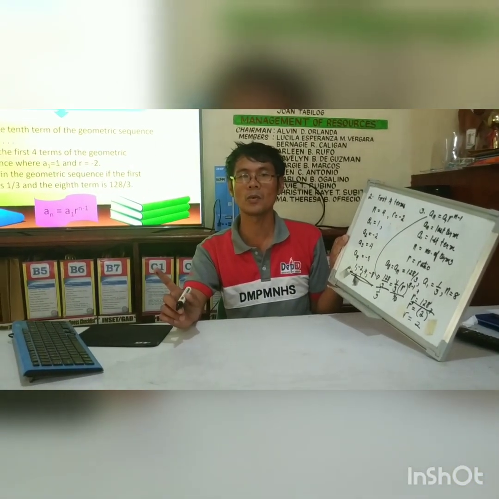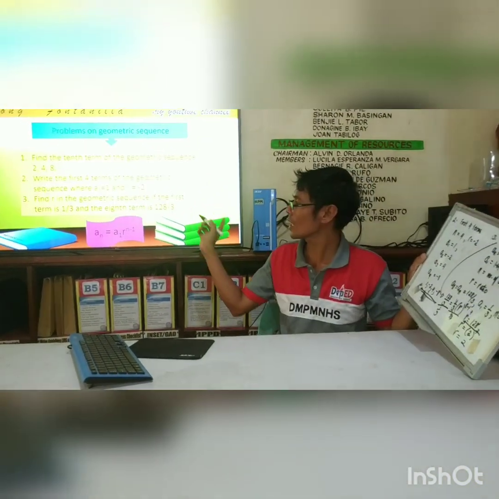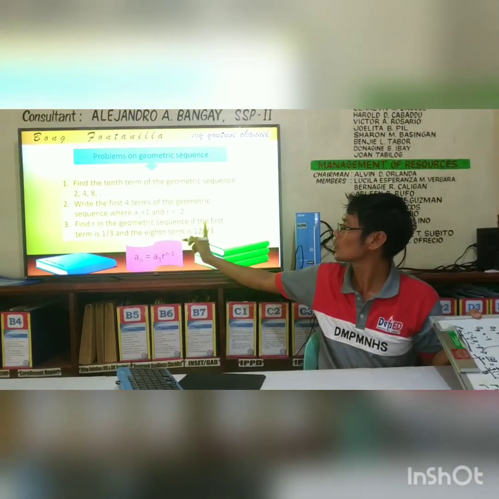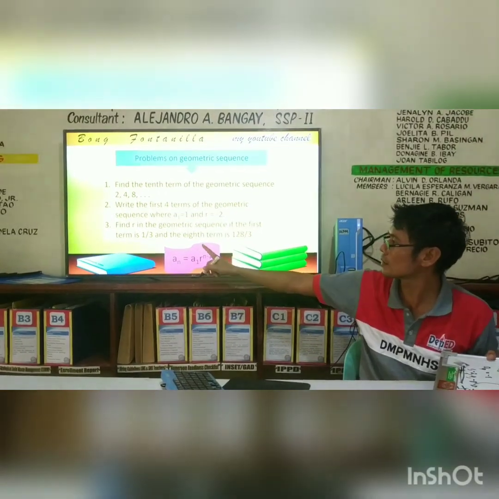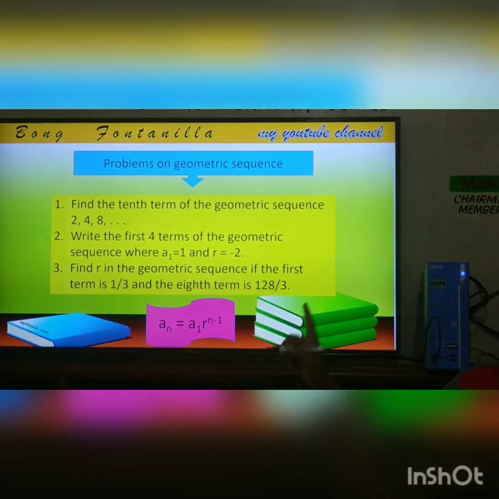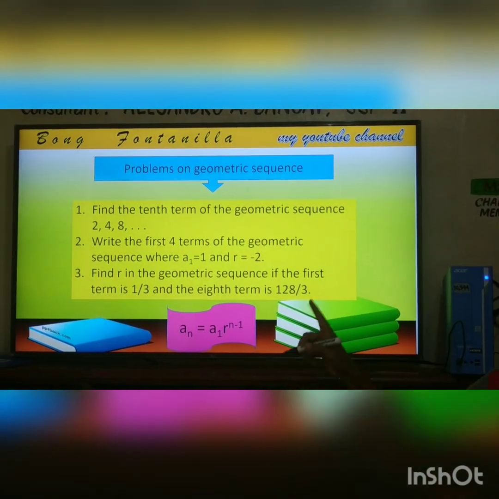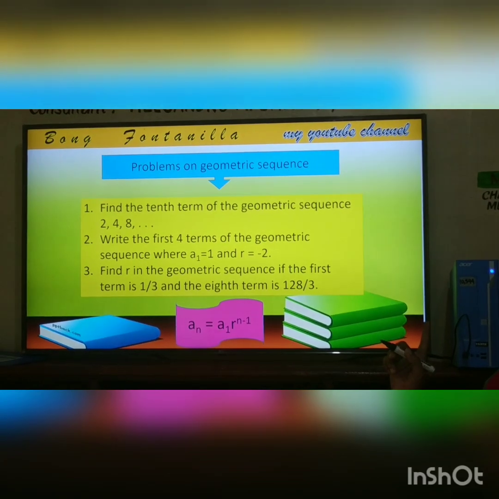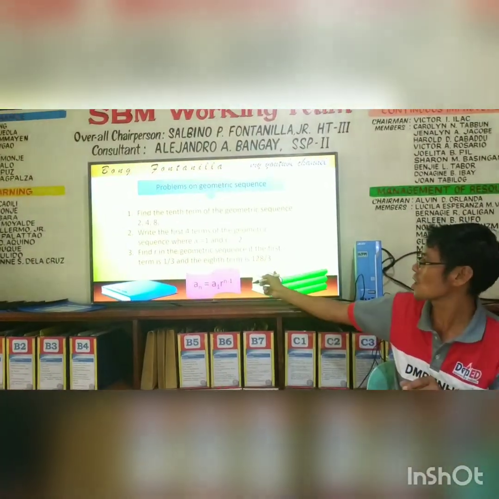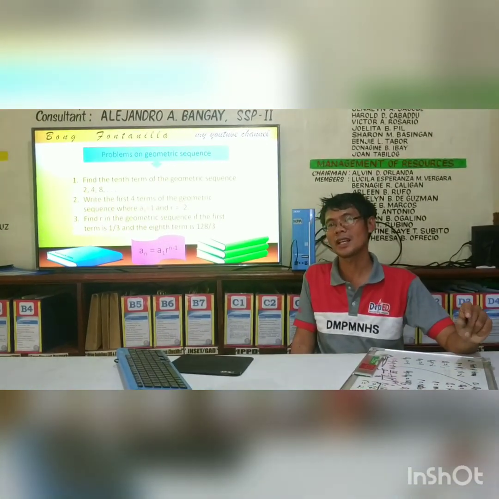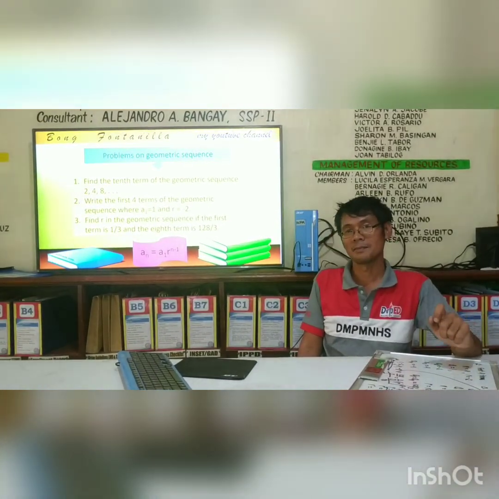The common ratio will be 2. You can also check by simply multiplying 2 to your 1/3 to get the second term, the third term, the fourth term, the fifth term, the sixth term, the seventh term, and we can check whether we can really get 128/3 as the eighth term.